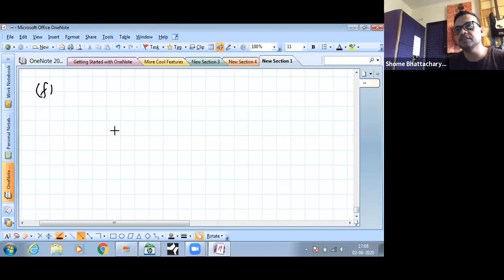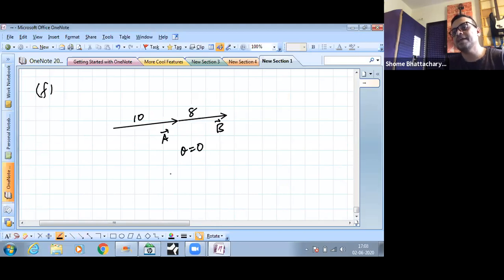Now in this, suppose the vectors A and B are like this. The angle between them is 0. You can see over here that it doesn't matter what their magnitudes are.